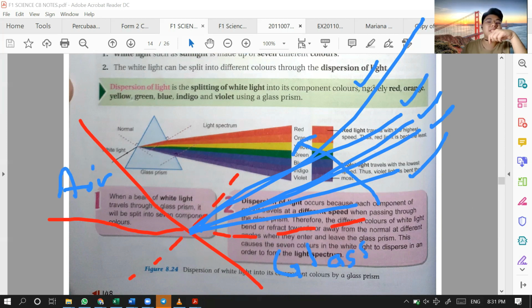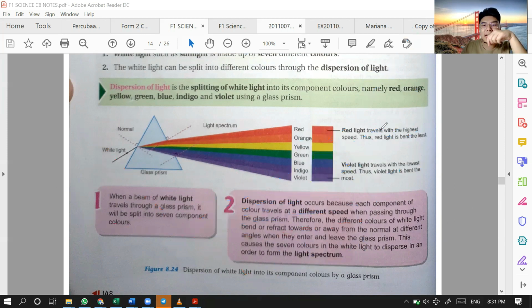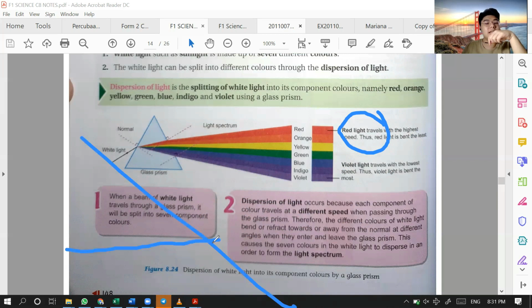That has got to do with speed. So you can see here, it says that red travels the fastest. When red travels fastest, it will also refract less. You must know, refraction actually happens because the light is slowing down. The reason why it refracts is that the speed changes.